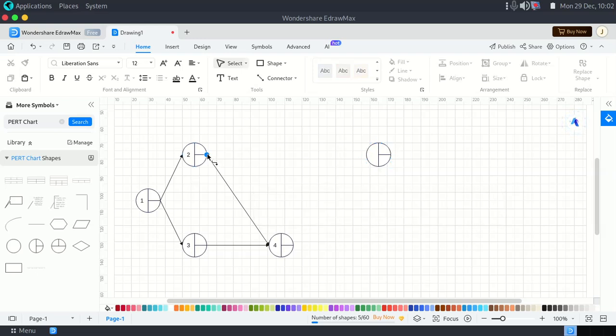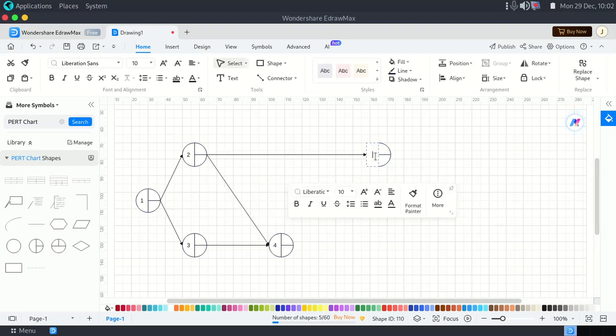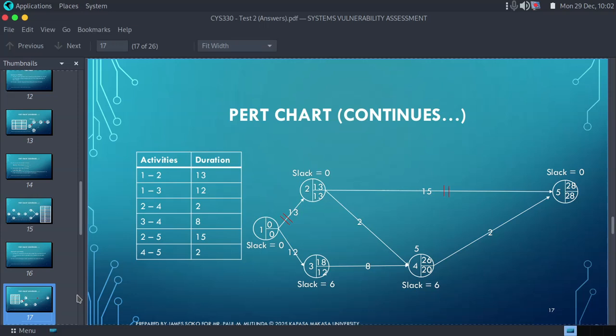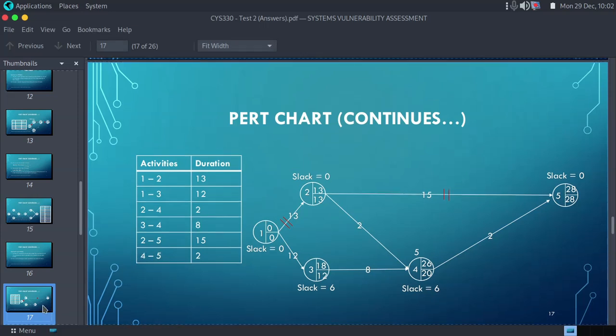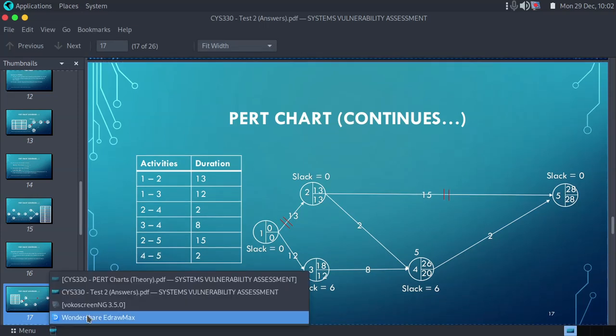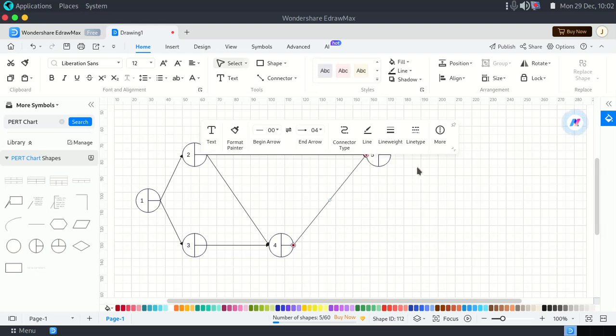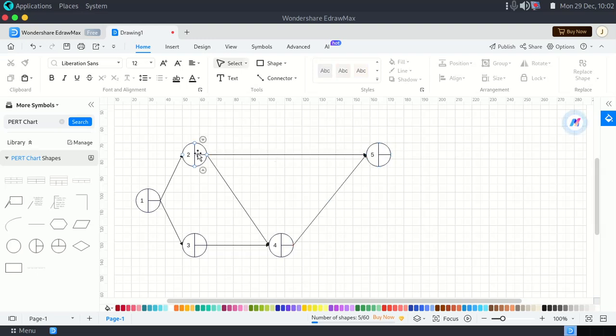We know that 5 is coming from 2, so we need to represent it nicely. The last one, node 5 is also coming from node 4. We already have 4, and 5 should come from 4. So 5 is coming from both node 2 and node 4. We are done with drawing our network diagram.